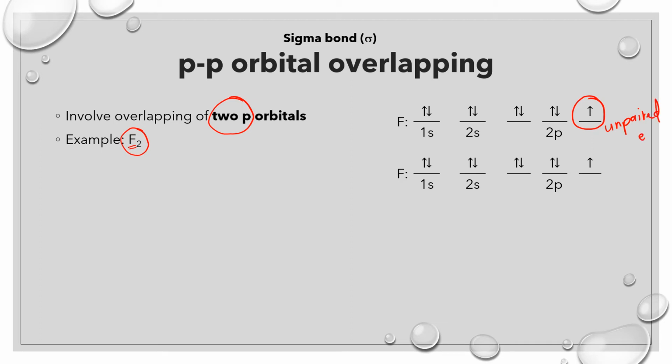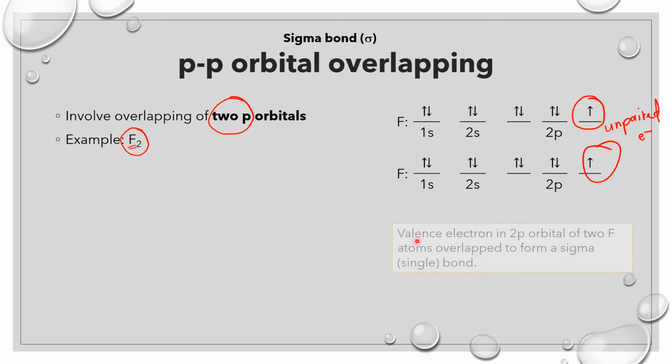The presence of this unpaired electron allows the formation of the single covalent bonding. When these two unpaired electrons overlap with each other, a single covalent bonding or sigma bonding forms between the two fluorine atoms.